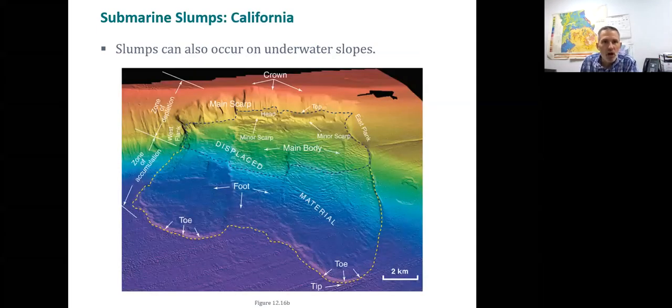So here's an image of some of these underwater debris flows, and we can actually see this example right here would be a slump, creating that toe where we end up with this rotational movement.